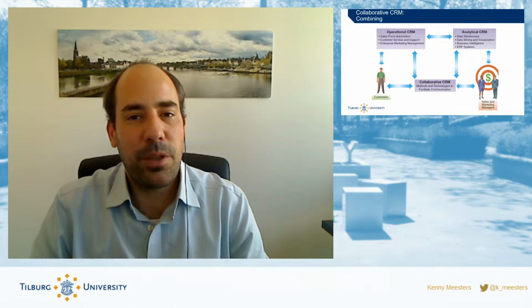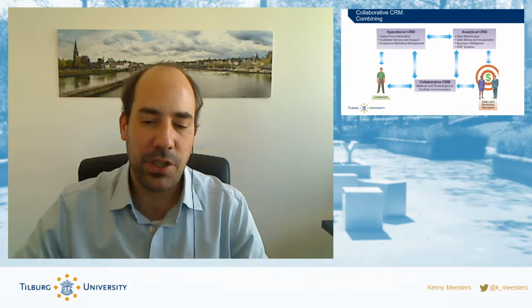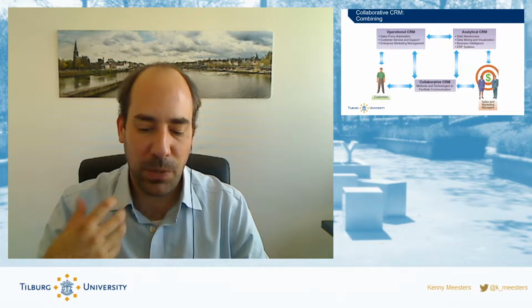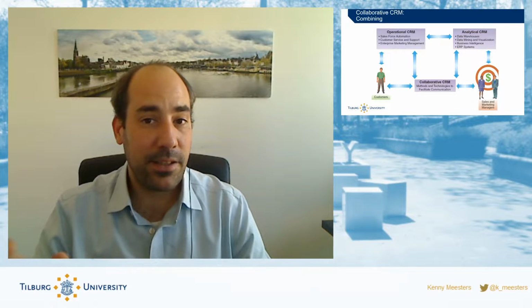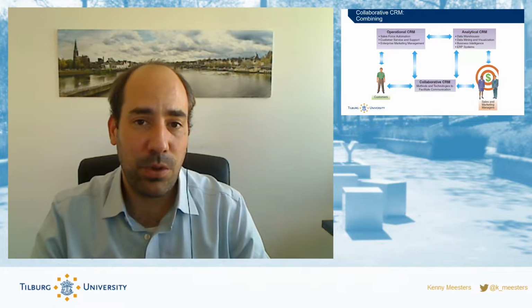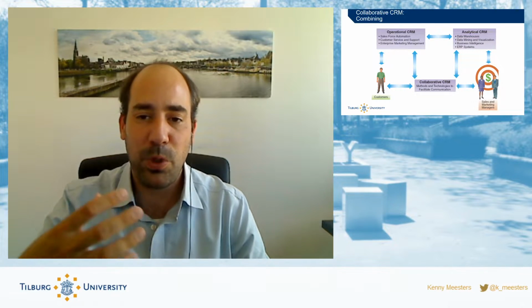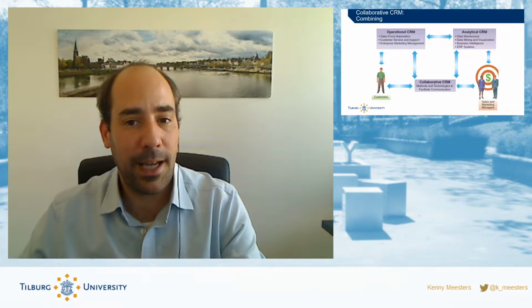So for the last part of this lecture, we're going to talk about bringing all these elements together. Operational CRM, establishing a relationship, allowing these interactions to happen, making sure your processes, your organization is ready to interact. Analytical CRM, understanding who the customer is, understanding the needs, understanding which products and services they would purchase from you, when, where, and how.